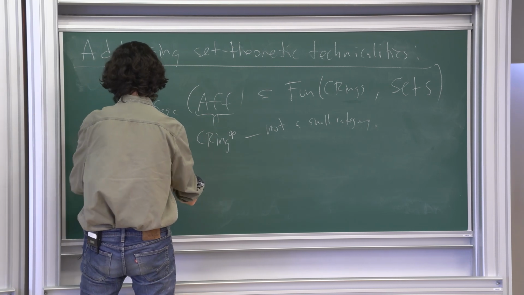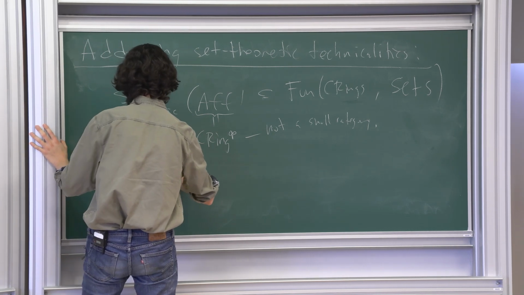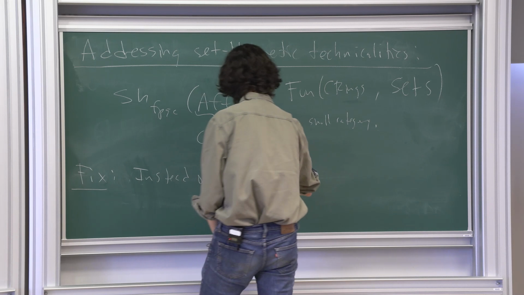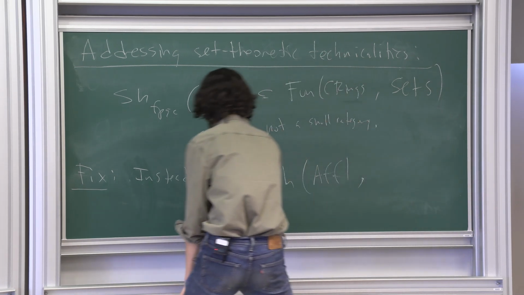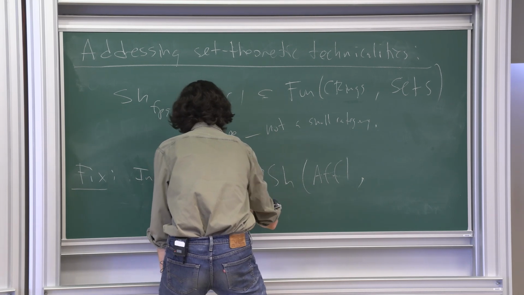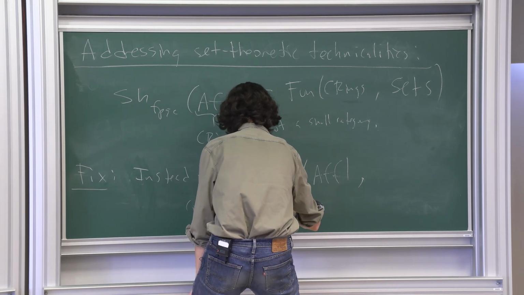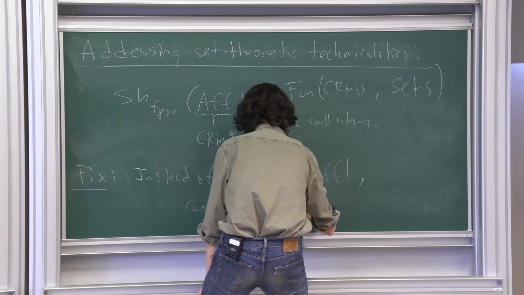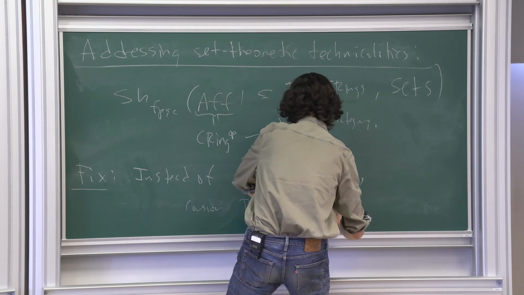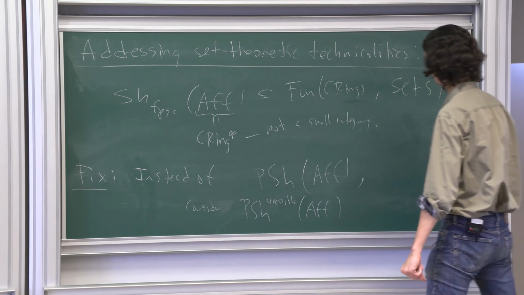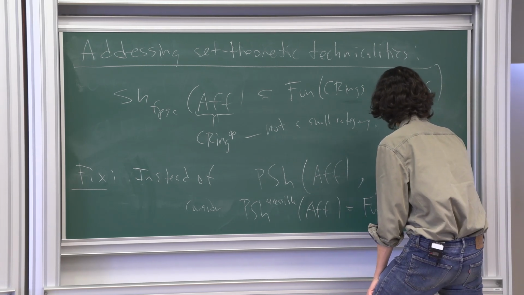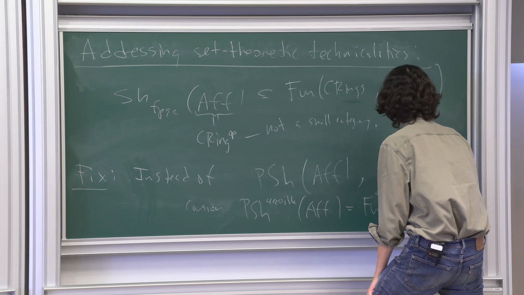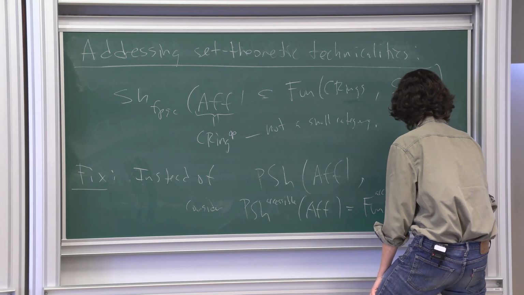So instead of presheaves on AF, consider what are called accessible presheaves, which are the same thing as accessible functors from commutative rings to sets.